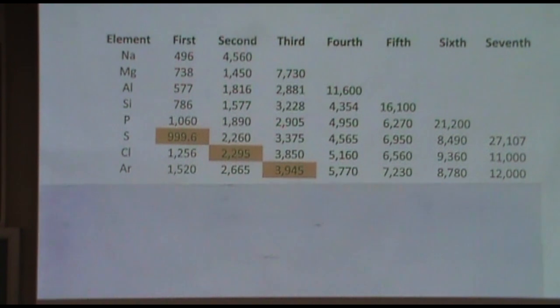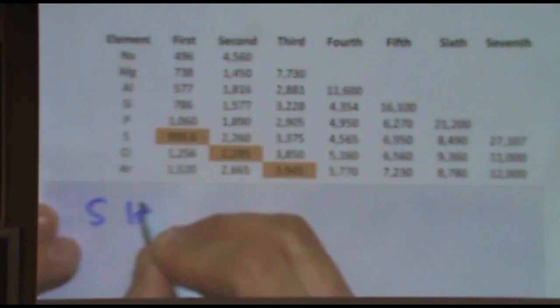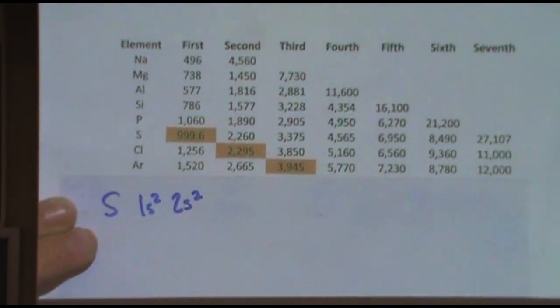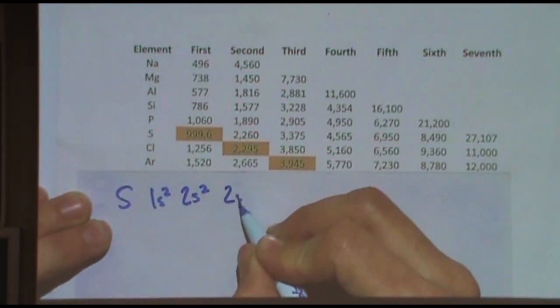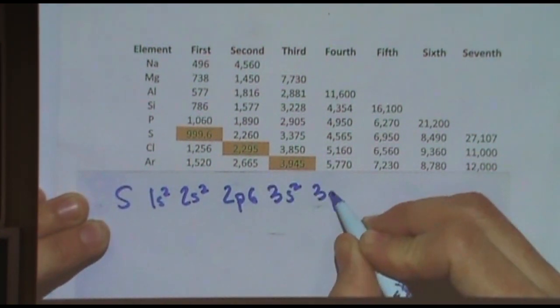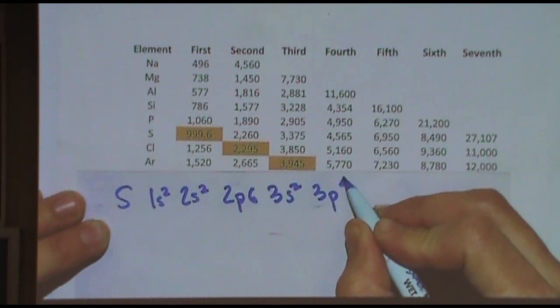Because if you draw neutral sulfur, sulfur is 1s2, 2s2, 2p6, 3s2, 3p4.